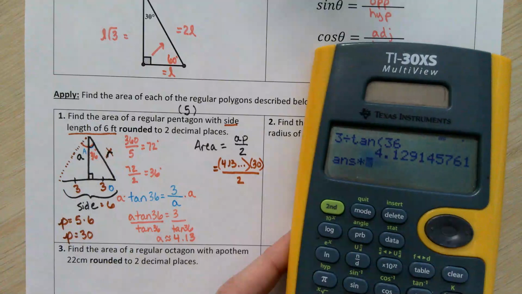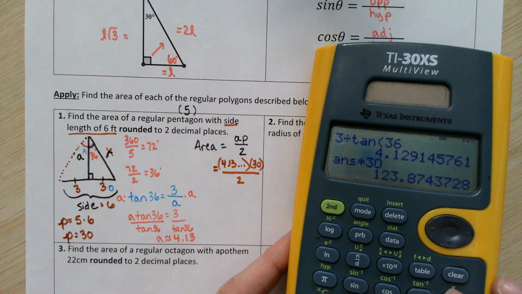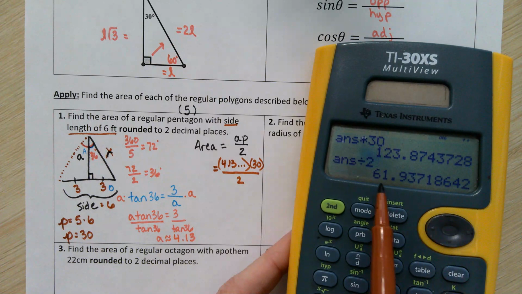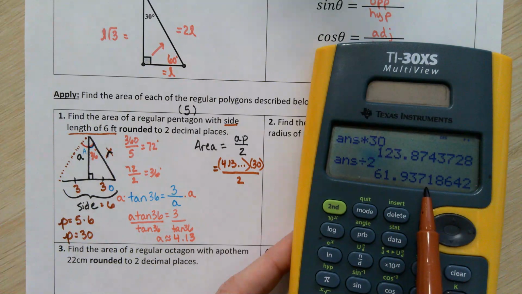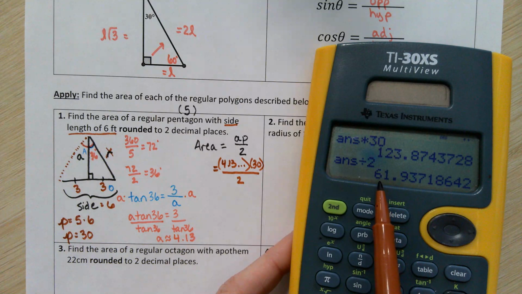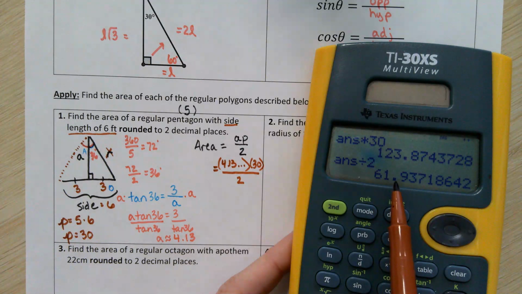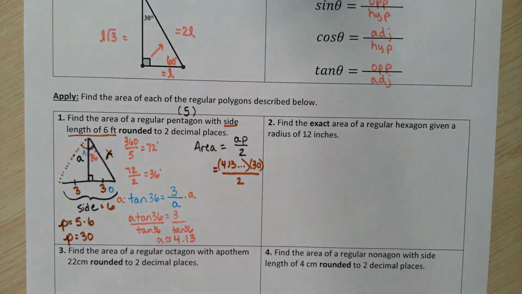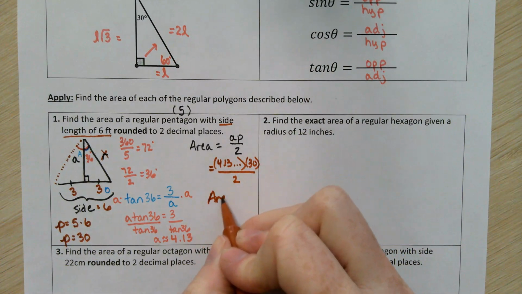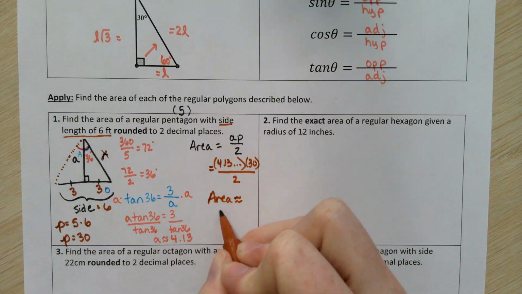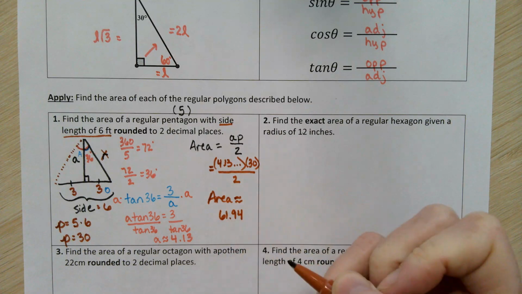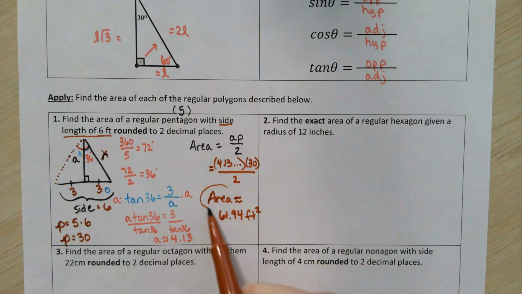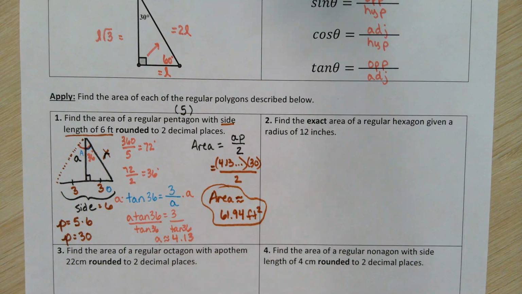I'm going to multiply that by my 30 for perimeter, and then divide that whole thing right away by 2, which means I'm avoiding my rounding until the very, very end of this problem. So the area of this regular pentagon is 61.94. That 3 will round up. 61.94 square feet, since that was the label they gave me for that original side length.